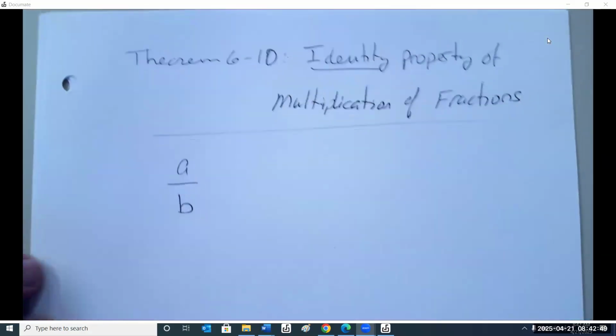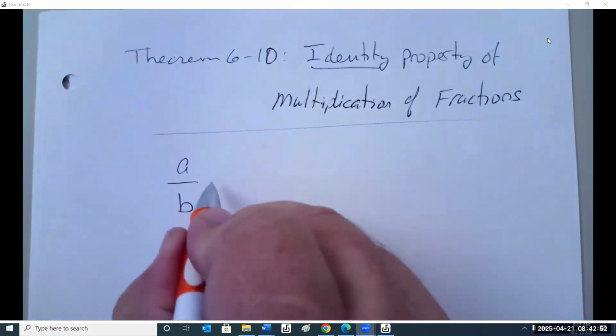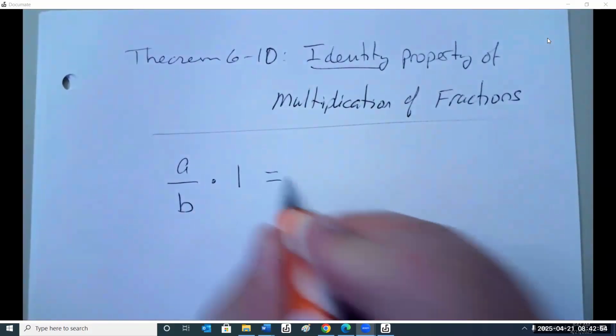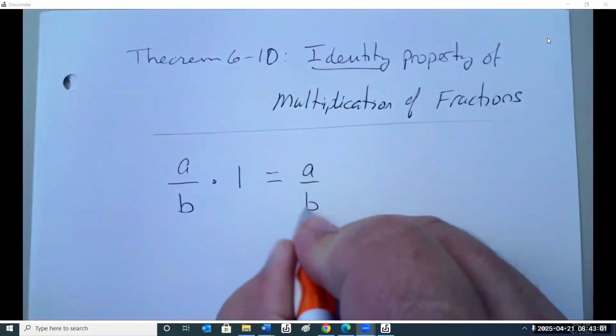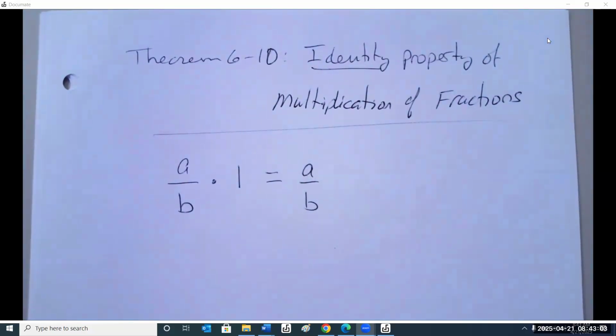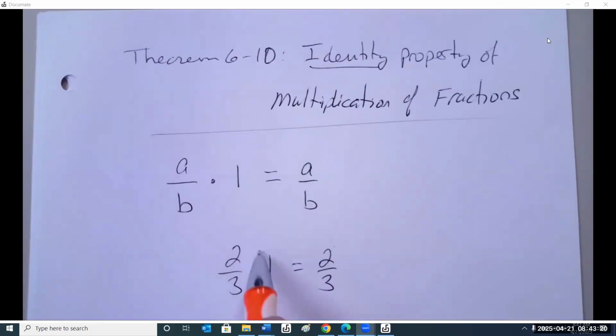If we have a fraction and we multiply it by 1, what does that equal? A over B. Nothing changes. This is true. 2/3 times 1 is equal to 2/3, which means I only have 2/3.